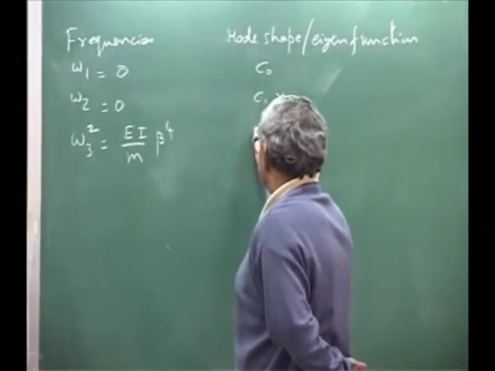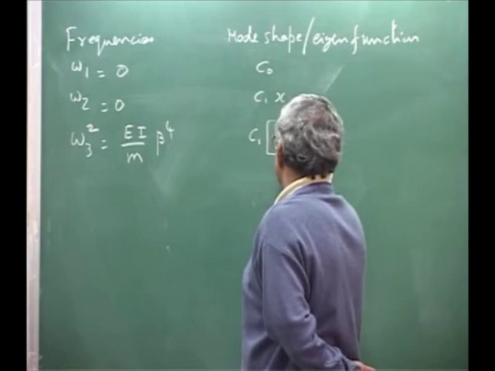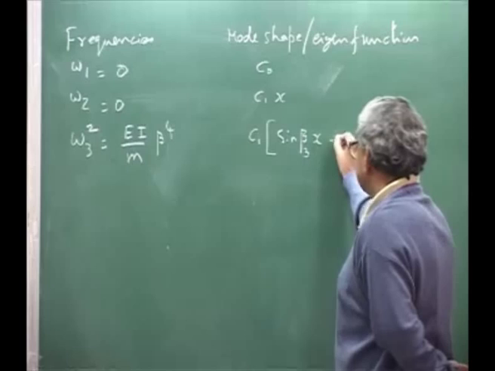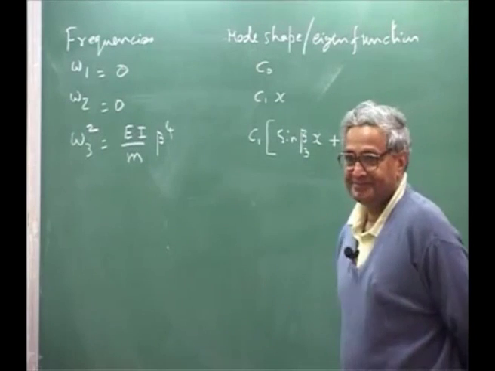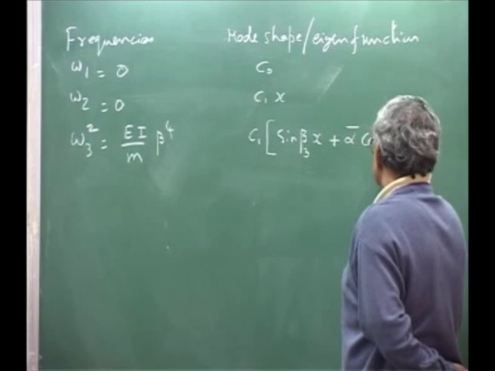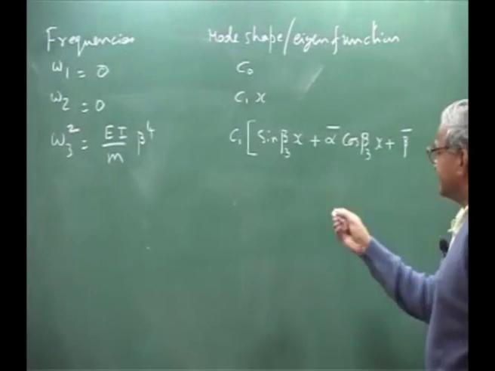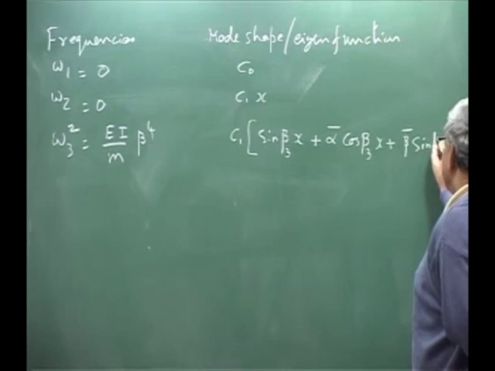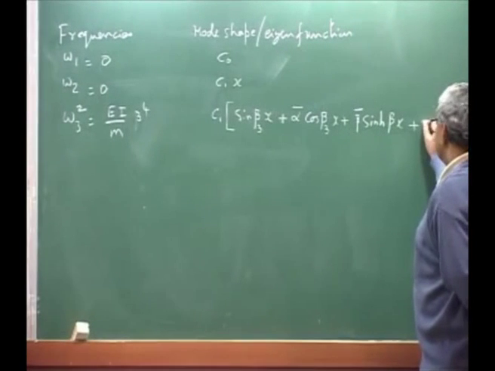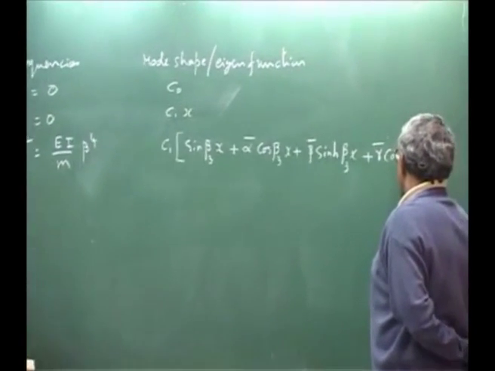Corresponding to this, you will have some C1 times something: sine beta 3x, plus some alpha bar cosine beta 3x, plus beta bar, this is another constant, sine hyperbolic beta 3x, plus gamma bar cosine hyperbolic beta 3x.